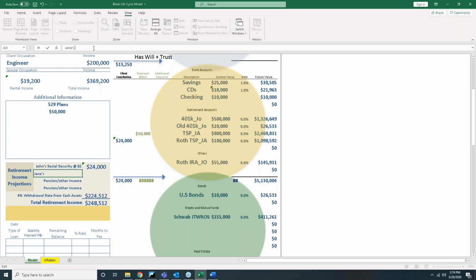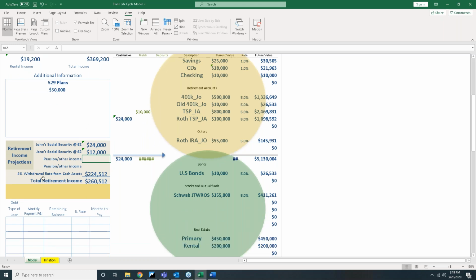And then we'll put Jane's Social Security at 62. We'll say she's getting $1,000 a month, so times 12. All right, and now if they have any pensions that they're receiving already, which I doubt they are right now, we'll leave this blank, but we'll put this information in if we have it.